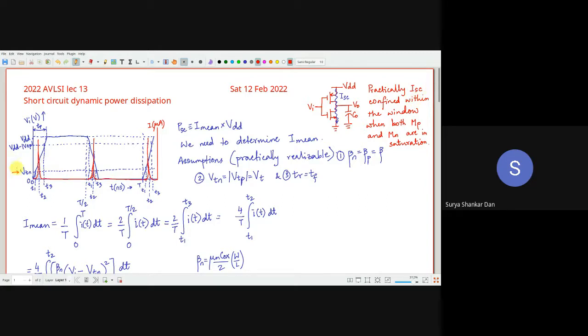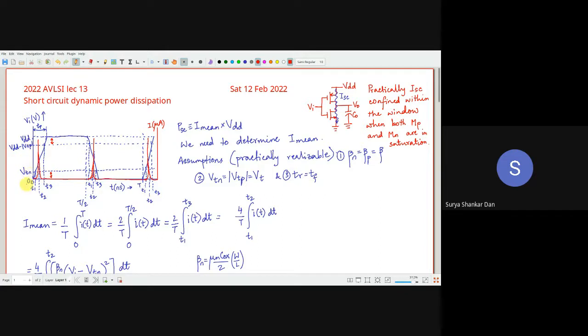Okay, but you cannot say that this short circuit current is only in the saturation region. So what we will do is we will consider the time instances where these transistors are switching on, and then when the transistor is switching off. ये switch off कब हो जाएगा? When it is exactly VDD minus VTP. क्योंकि उसके बाद से, from here to here, although Vi is changing, because I have drawn Vi over here.